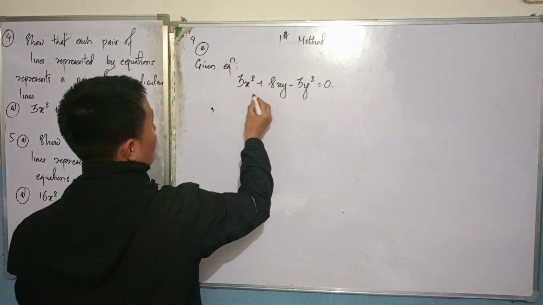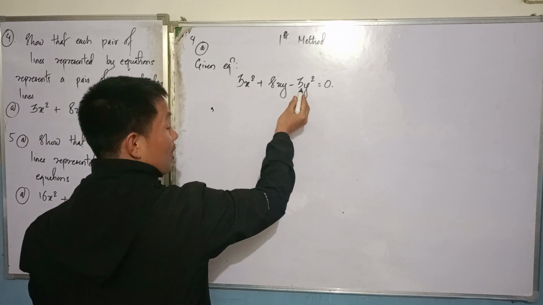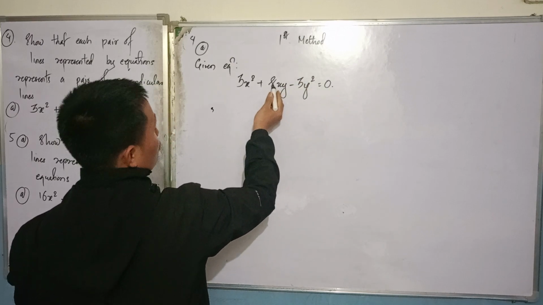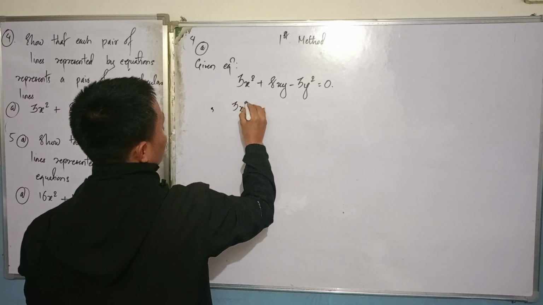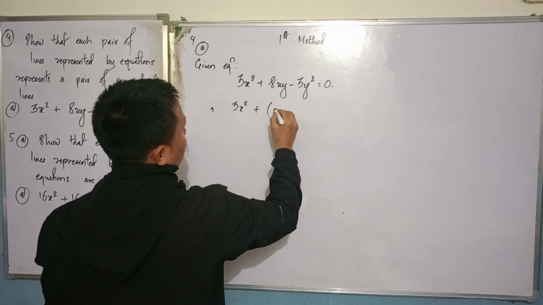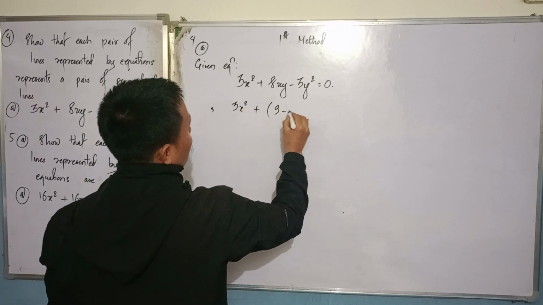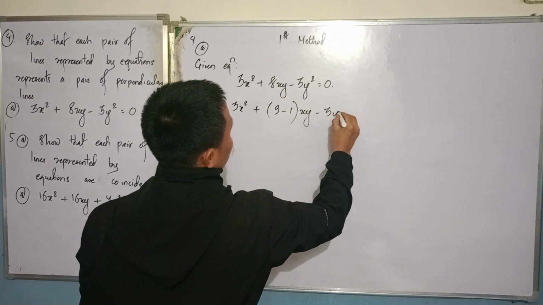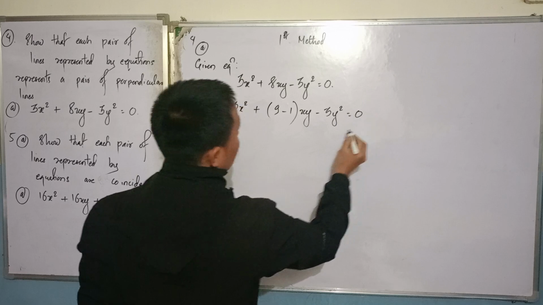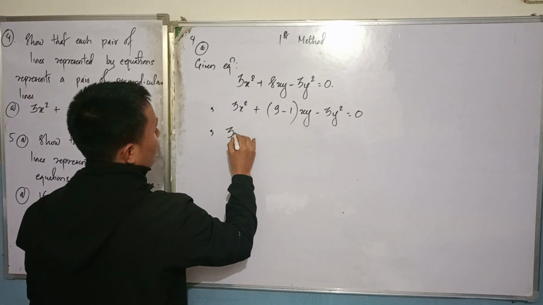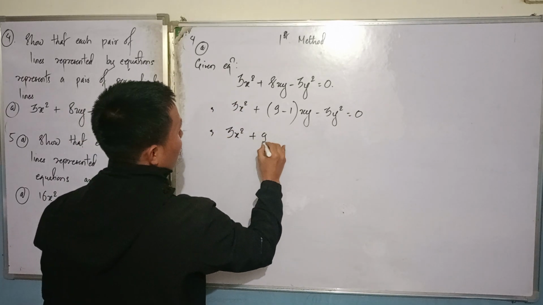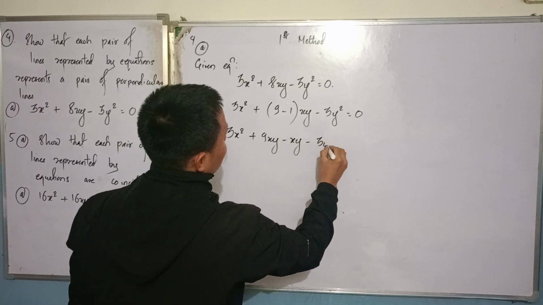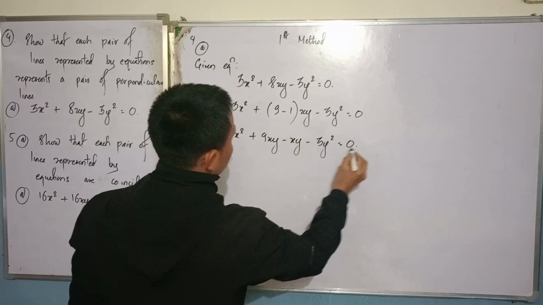So let's factorize this. 3 times 3 is 9, 9 times 1 is 9, and 9 minus 1 gives you 8. So here, 3x squared plus 9xy minus xy minus 3y squared is equal to 0.